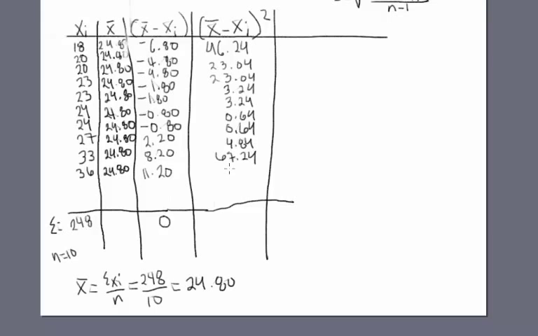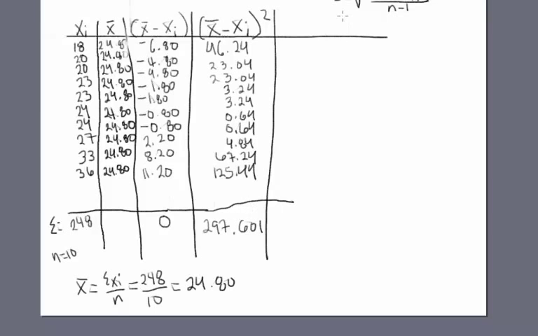And finally, 11.20 squared is 125.44. And you're going to want to get the sum of the quantity x bar minus x sub i squared. So go ahead and sum up all of these values. If you take the sum of the quantity x bar minus x sub i squared, you'll end up with 297.601. So what I would do is make sure you're carrying out all of these at least 3 digits. I've just done it here just to demonstrate.